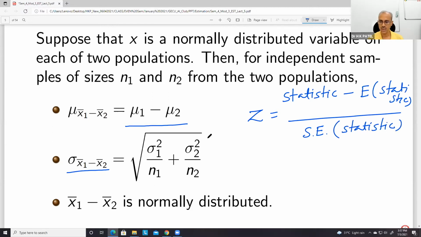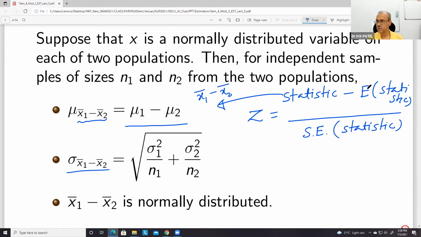In this case, our statistic is x1 bar minus x2 bar, and the mean of the statistic is mu1 minus mu2.